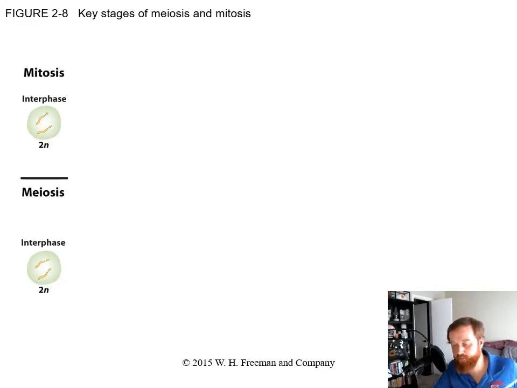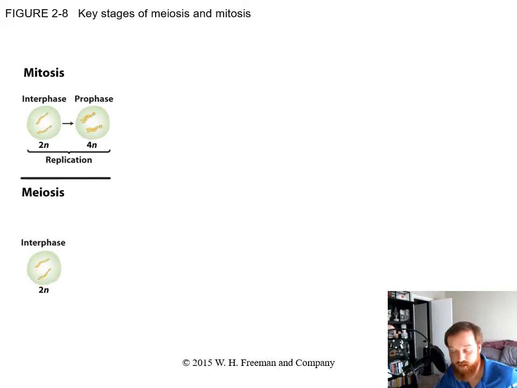So speaking of sexual versus asexual reproduction, we're going to have a quick refresher here on mitosis versus meiosis. So in mitosis, we have interphase, where there's two copies of the chromosome, one from your mother, one from your father, and this is the same in meiosis as well.